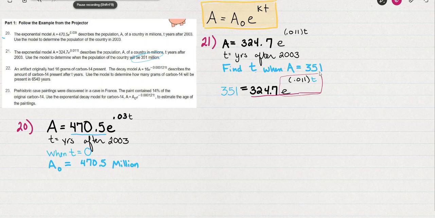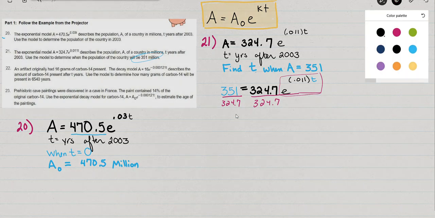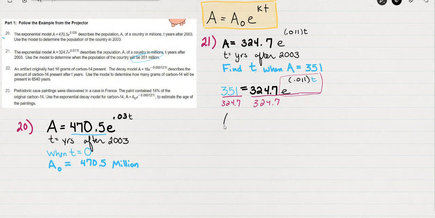So I'm going to isolate this e to its exponent by dividing both sides by 324.7. Now I'm not going to actually divide that yet because I don't want to end up having approximation in my calculation.